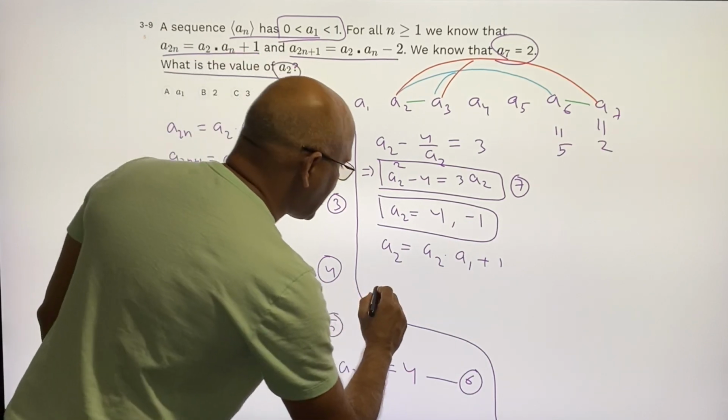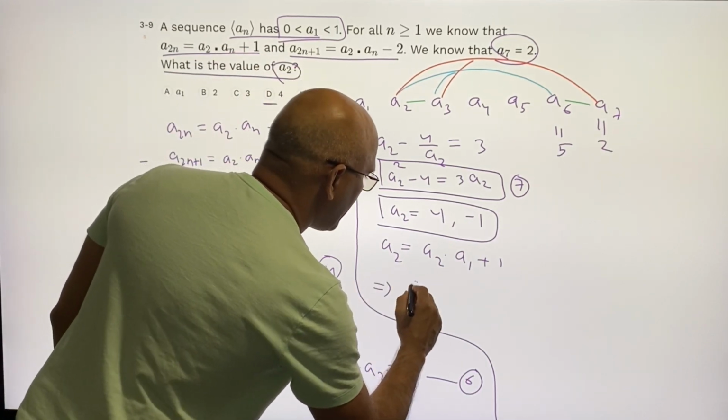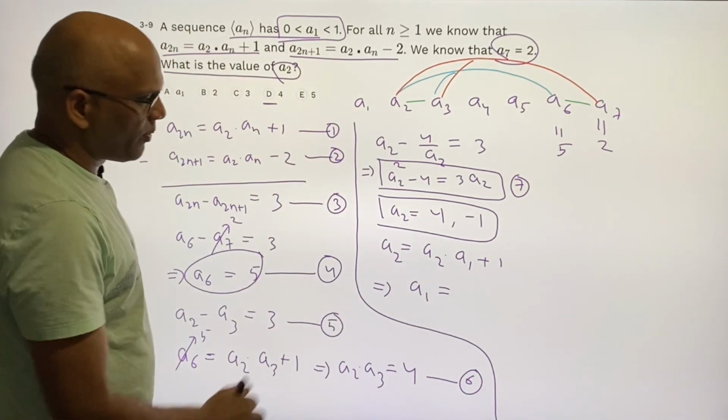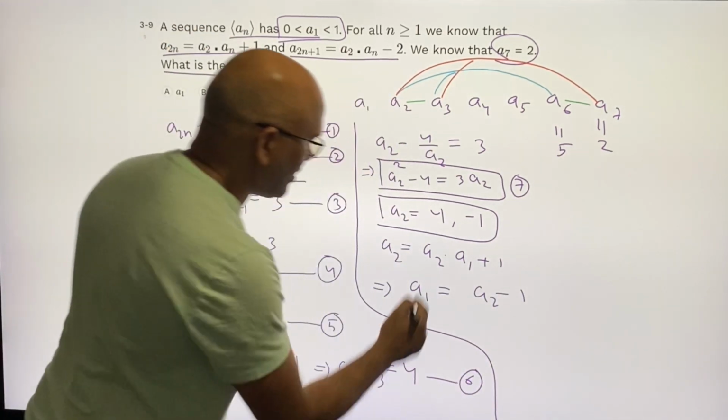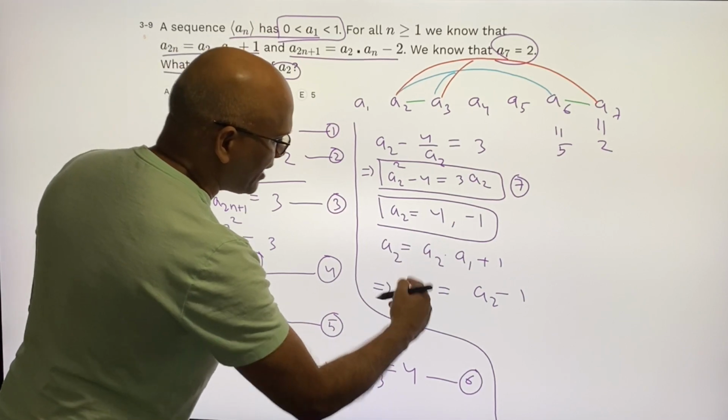So this tells me a_1 is equal to a_2 minus 1, and then I divide by a_2.